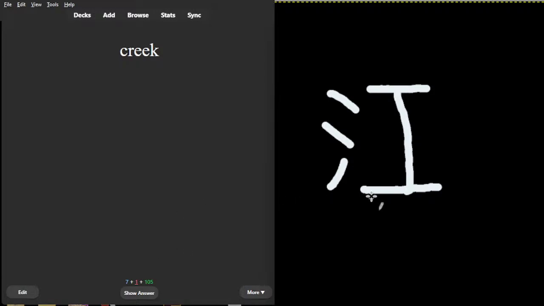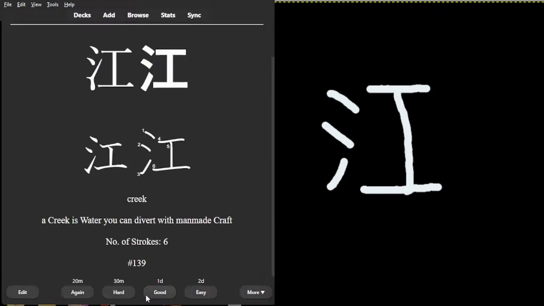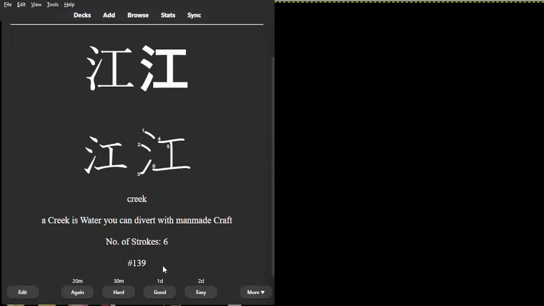I sometimes switch Heisig's around because I think Heisig actually had river as creek, but yeah, water that you can divert with handmade craft.